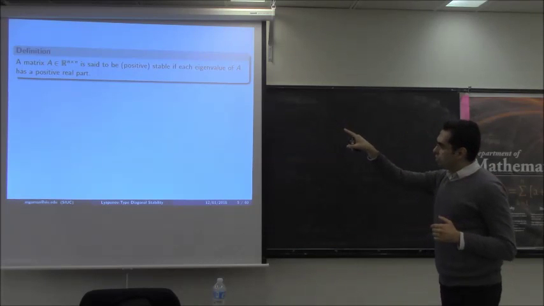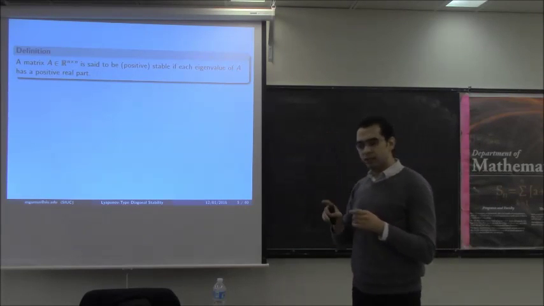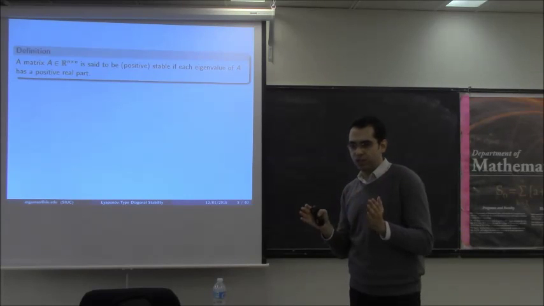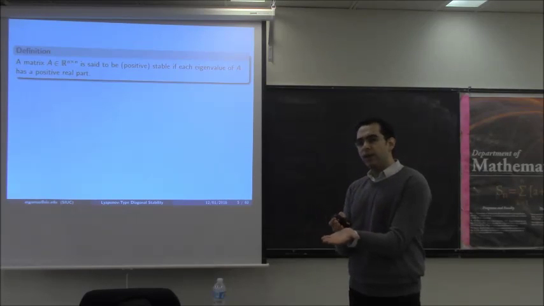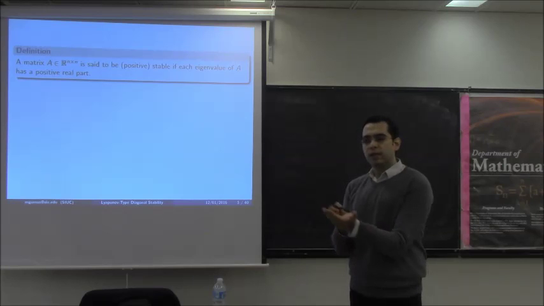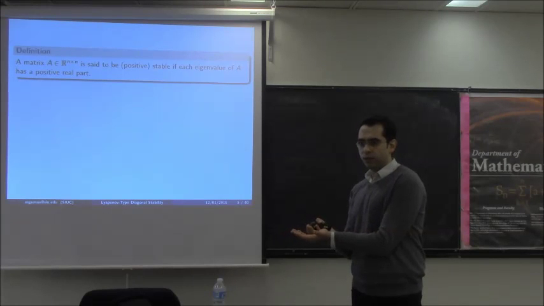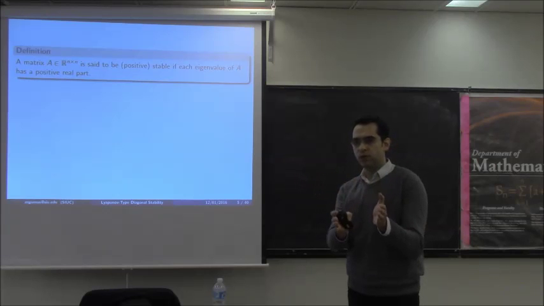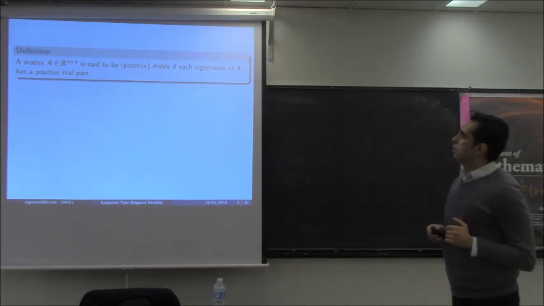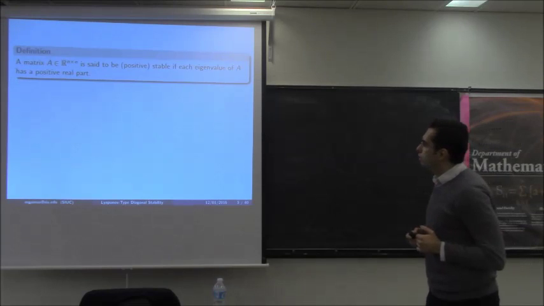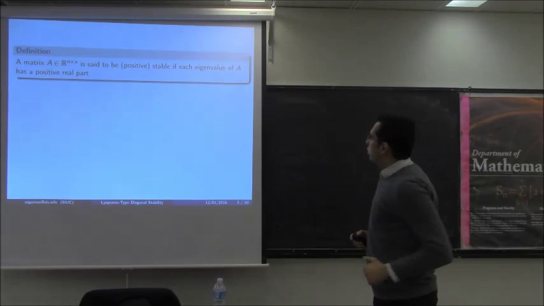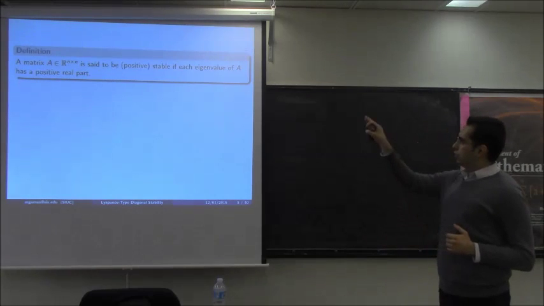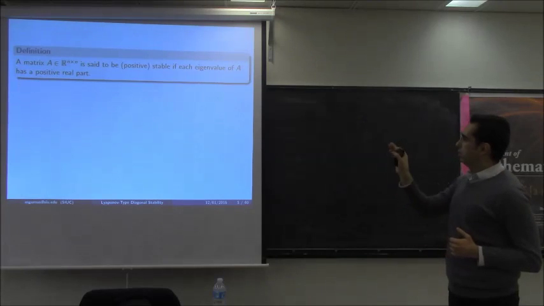But we just use the positive real part, and this doesn't make a big difference, because if A is a positive stable matrix, then negative A is a Hurwitz stable matrix. So whatever we find for positive stability also works for negative stability or Hurwitz stability. So I also refer to this kind of stability as just stability of a matrix.